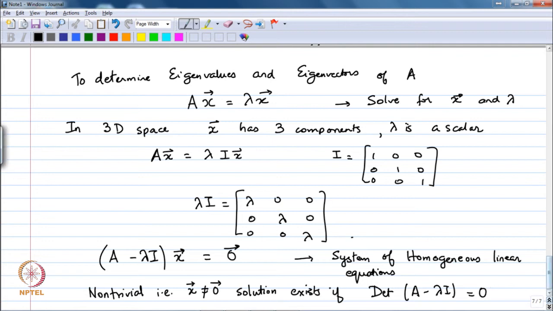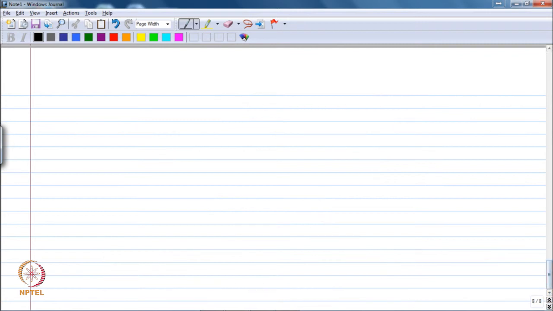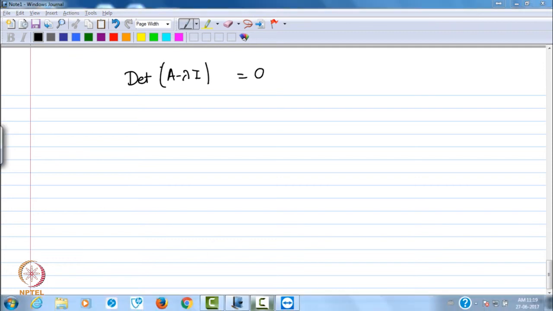So now we have an additional condition, and this will help us get the eigenvalues. So the determinant of A minus lambda I equal to 0. Now, what will this look like?